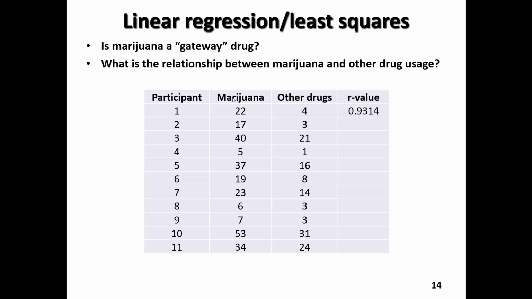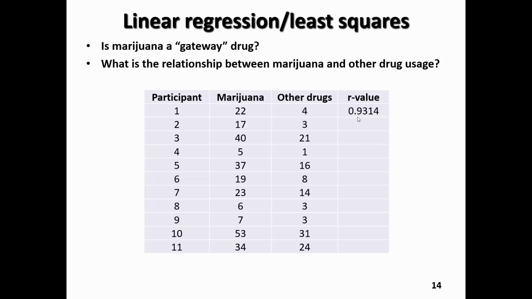The variables here include the usage of marijuana over the course of 1 month and the use of other drugs over that 1 month among 11 research participants. Once again, to emphasize that these are fictional data, in this particular study the Pearson product moment correlation coefficient was found to be 0.9314.